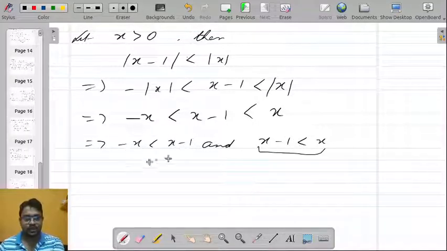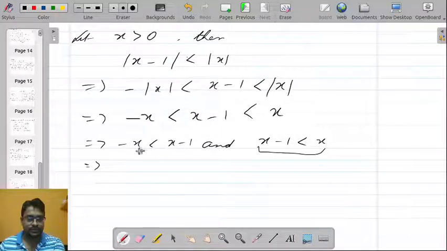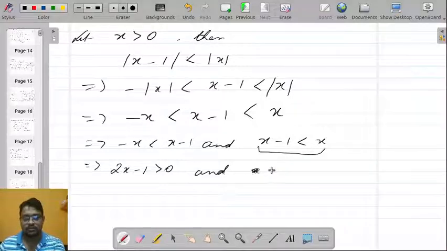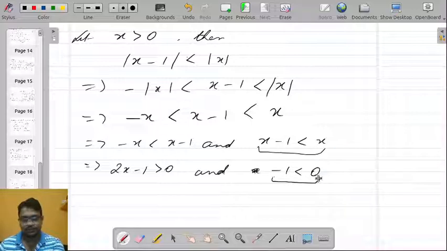So if I just change the sides, it's twice x minus 1 is greater than 0 and x minus 1 is less than x. Now x minus 1 is less than x means minus 1 is less than 0. So this part is always true.